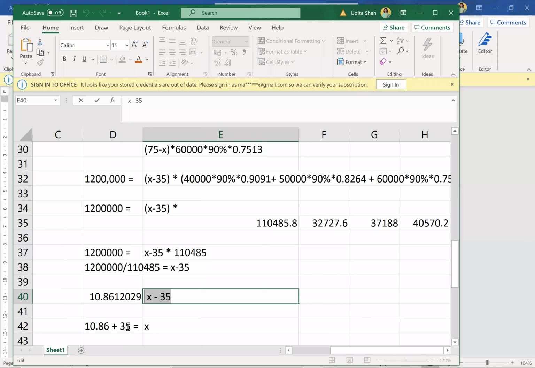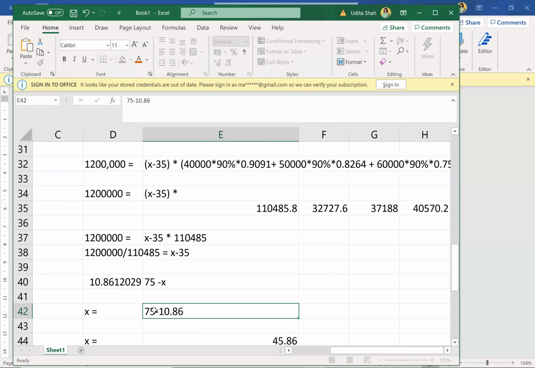X will be 75 minus 10.86. Done. That's it. Now we know the selling price as 75, and we did not know what the cost was.